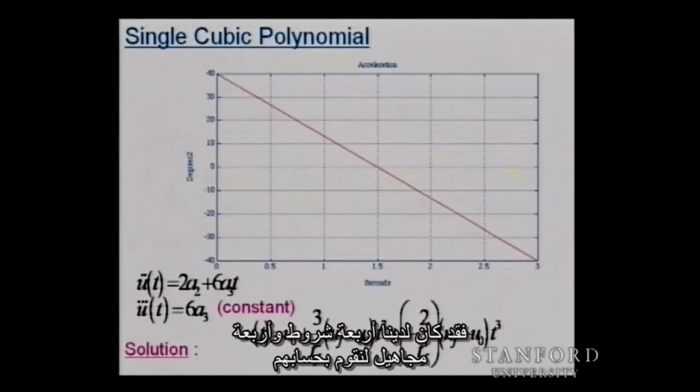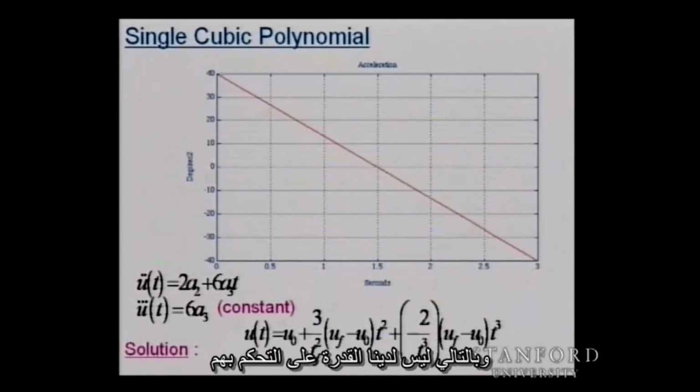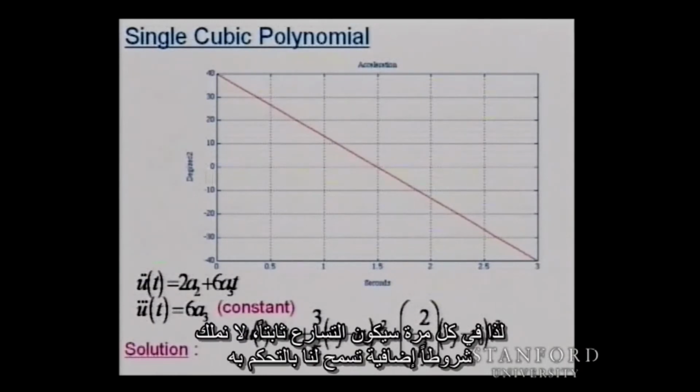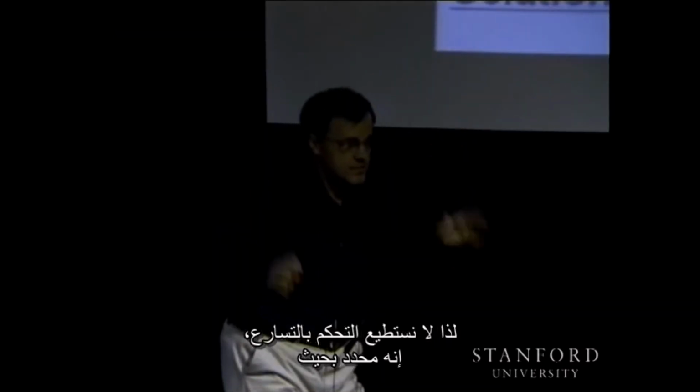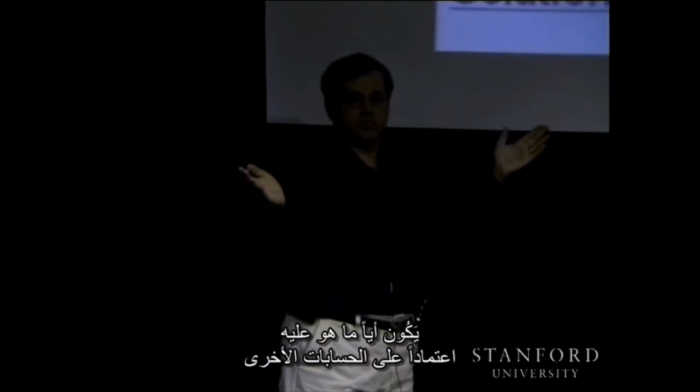Because we had 4 conditions, 4 unknowns. We are computing it, so we really don't have control over that. So at every time, it will be fixed. We don't have extra conditions that allow us to control the acceleration. So there is no control of the acceleration. It's fixed in a sense that it comes out whatever it is going to be based on the other computation.